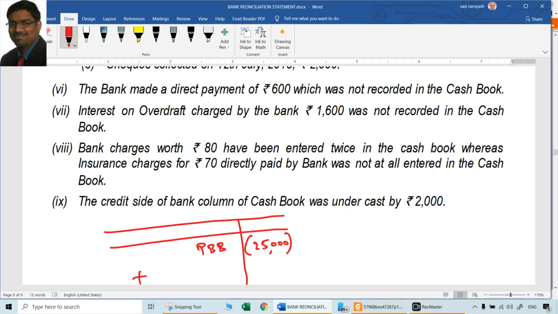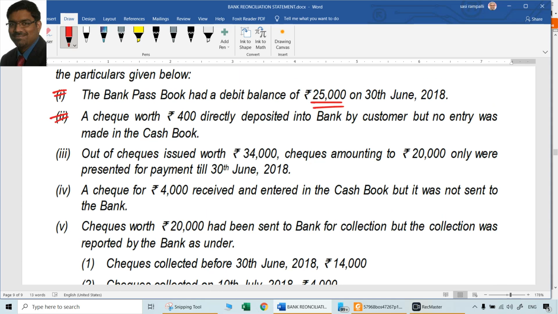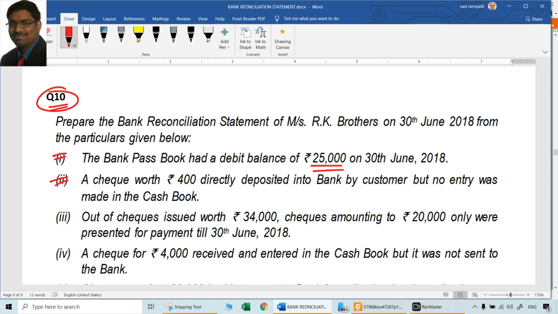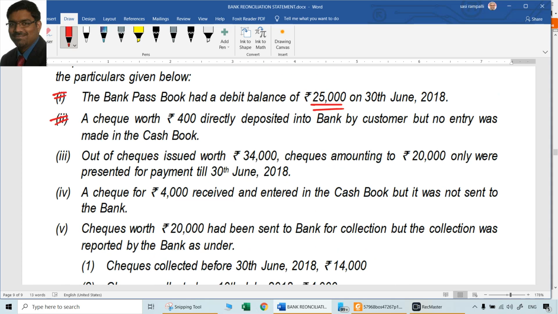And what is that impact? Will that increase the balance as per passbook, or will that decrease the balance as per passbook? If it already increased the balance as per passbook, we have to decrease it, we have to deduct it. If it already decreased the balance as per passbook, we have to enhance it, add it. Only two possibilities. So look at the items one by one.